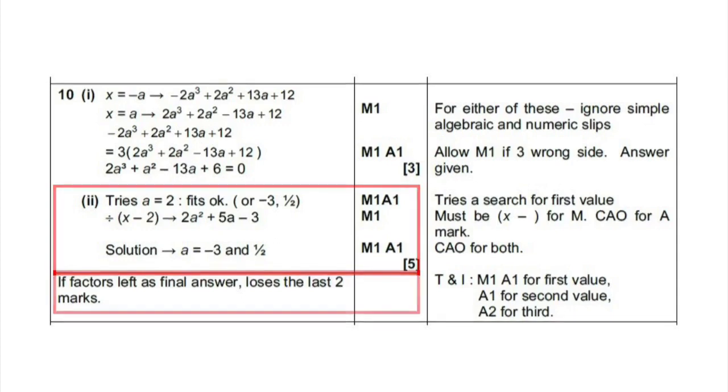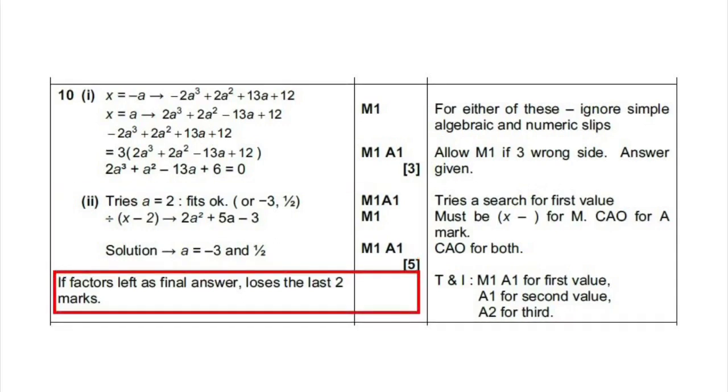But there is a note here: if factors are left as the final answer, then you will lose the last 2 marks. So it must be written as a is equal to 2, a is equal to 1/2, a is equal to negative 3.